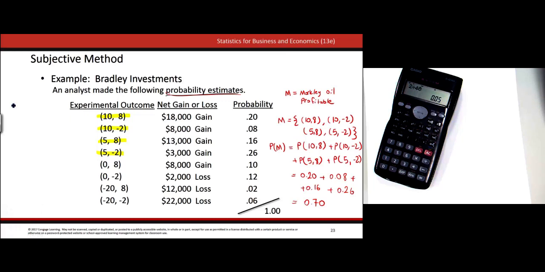You can define another event, say C, Collins Mining profitable. Now, which outcomes will be in that event, C, Collins Mining profitable?